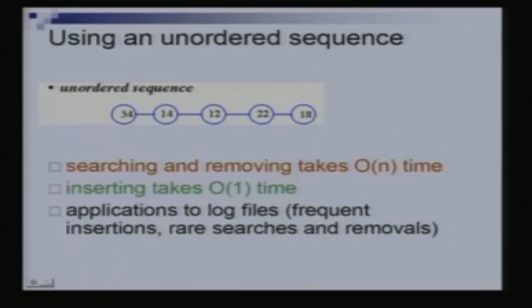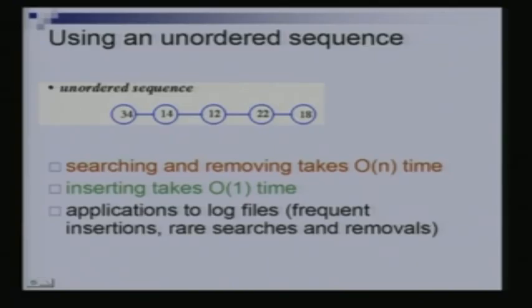Or for instance, for system administration, you would keep track of all the various activities that were happening on your system and maintain a log of them. So, for log files, it is very rarely that you need to do searches or removals, but you need to add data frequently to your file. Every time a transaction happens, you need to add.